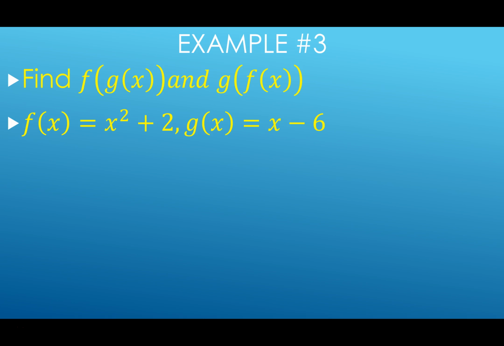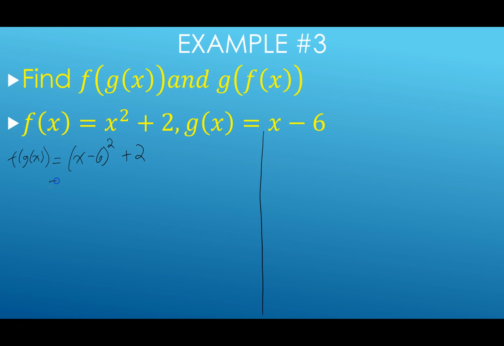So for both of these, we want to find f of g and then g of f. So we'll do f of g on the left side, g of f on the right. So for f of g, they want us to replace the x in our f function with the g function. So since we're squaring x in f, we'll do square whatever the g function is, which is x minus 6.